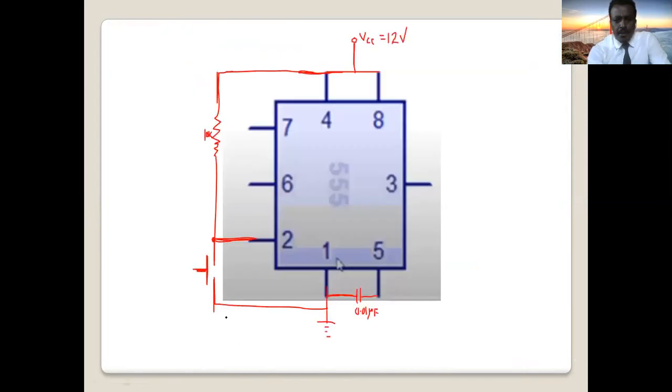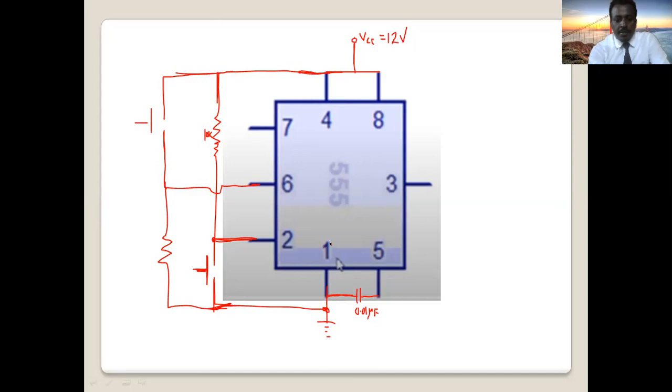So how about another input? Pin number 6. So I connect another switch to pin number 6. Okay, then through a resistor you can ground it. Okay, now it's grounded. Which is ground?